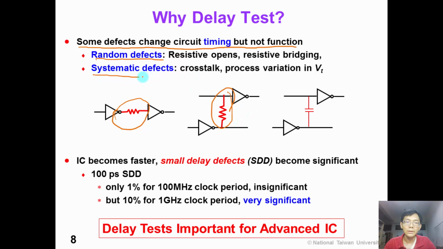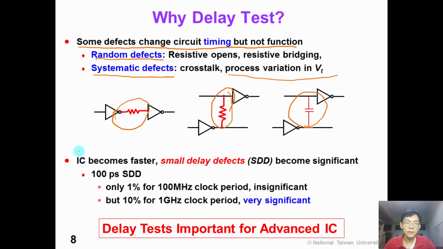On the other hand, systematic defects such as crosstalk defect can be caused by two wires which are too close to each other. Other defects such as process variation in the threshold voltage can also increase the delay of the circuit. To detect these defects, we need delay test.